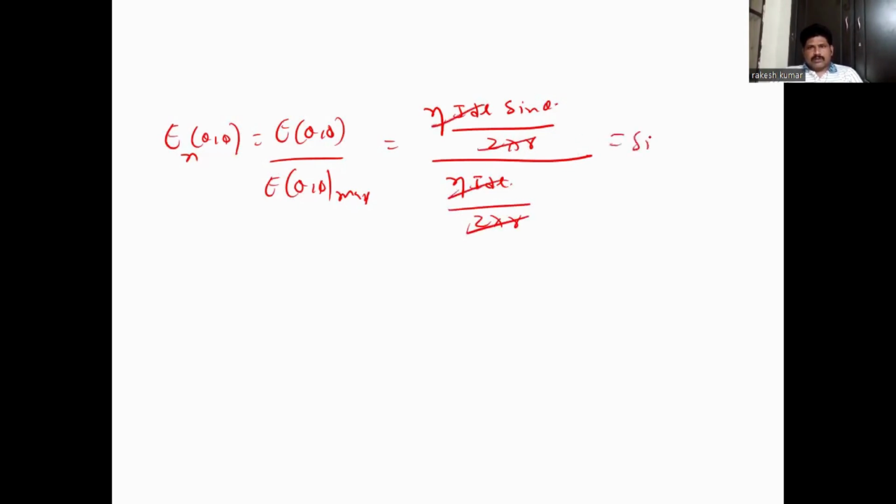So you get sin theta. The normalized electric field pattern is equal to sin theta.